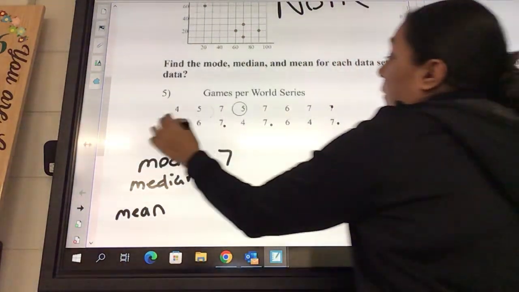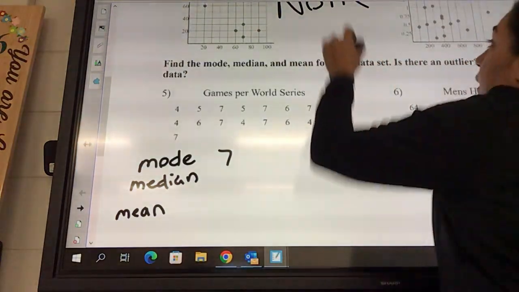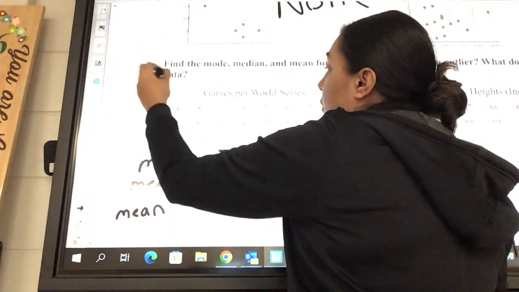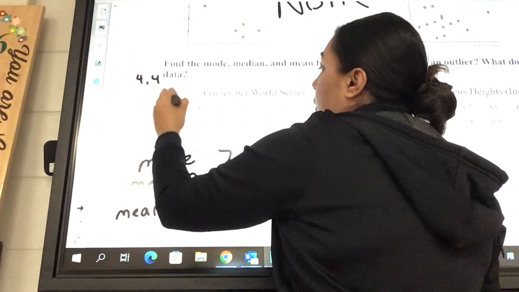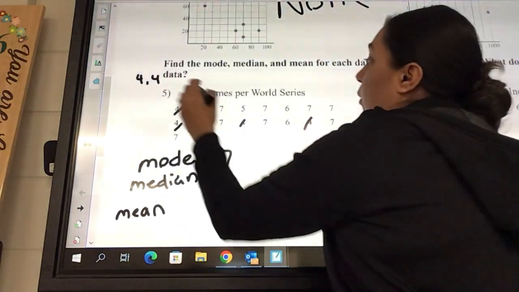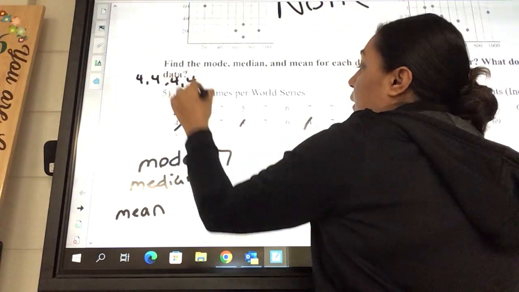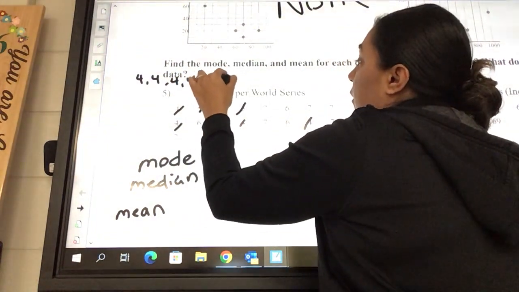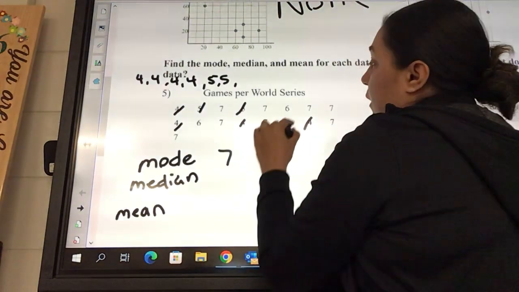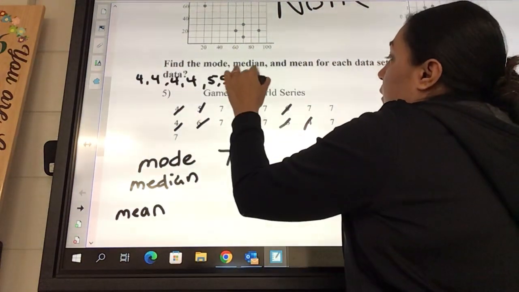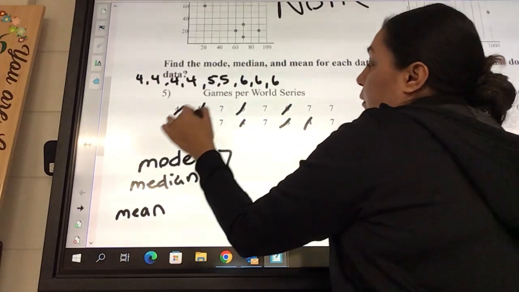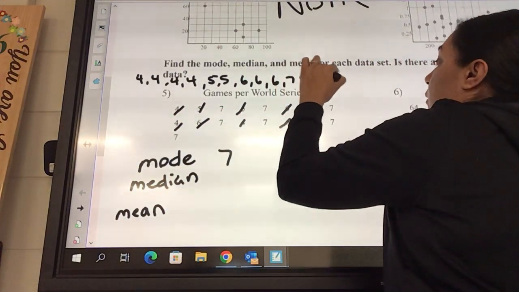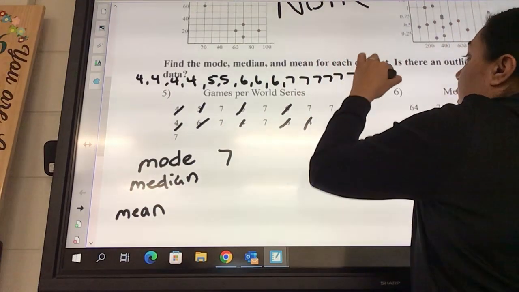Okay, for our median, you can line these up from least to greatest. So I got 4, 4, 4, 4, 5, 5, 6, 6, 6, and 1, 2, 3, 4, 5, 6, 7, 8, 1, 2, 3, 4, 5, 6, 7, 8.